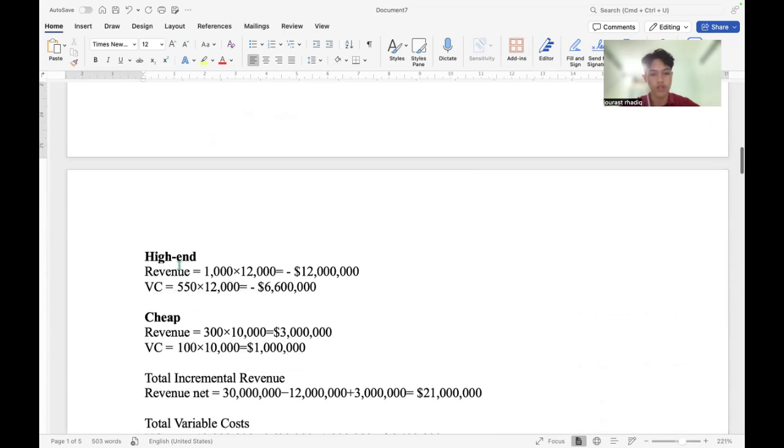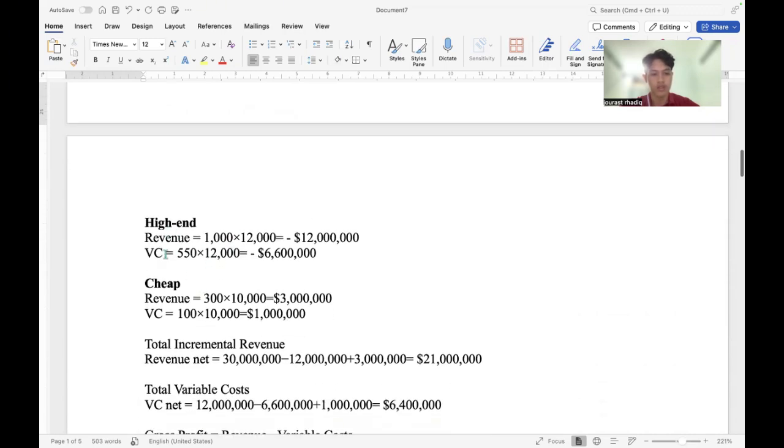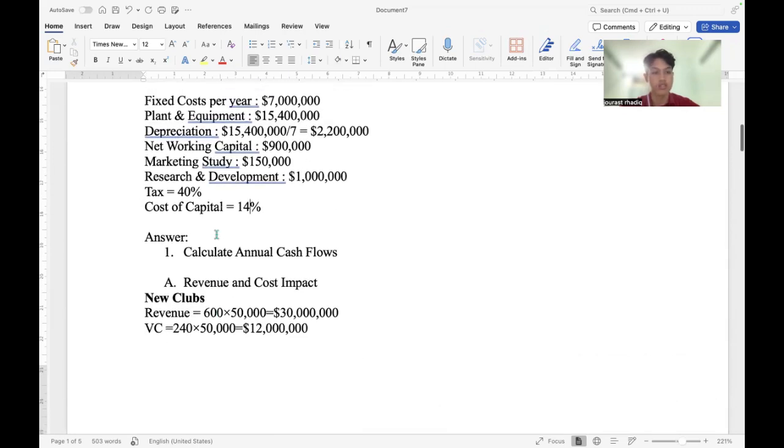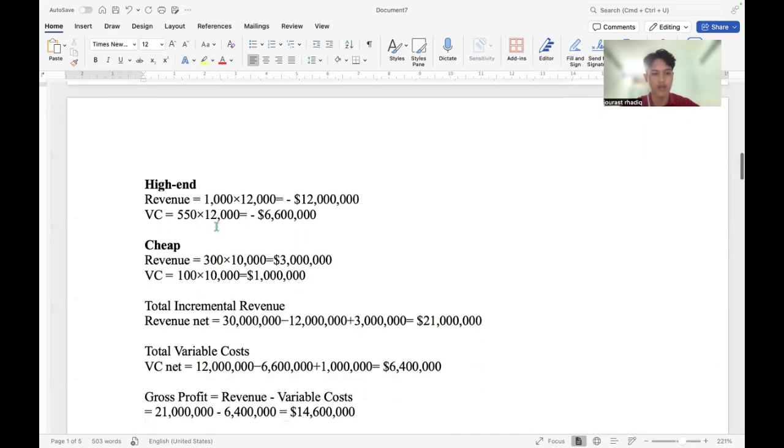And we do the same with the rest. Revenue for high end: they want to decrease their sales on high end by 12,000 units. So 1,000 is the price that they sell at, so 1,000 times 12,000. Same with this: the variable cost times the expected product loss.